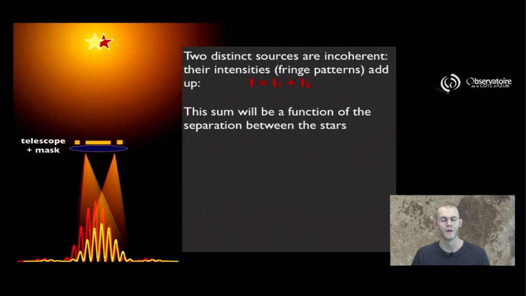So we have sums of fringes, and the result is going to be a function of the exact geometry of the object we're looking at. Here we're only looking at two stars, and so the parameter that's going to matter the most is the angular distance between the two stars.